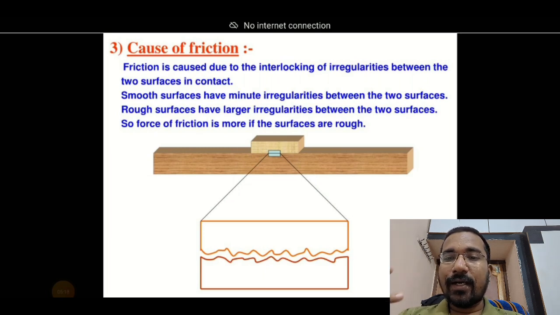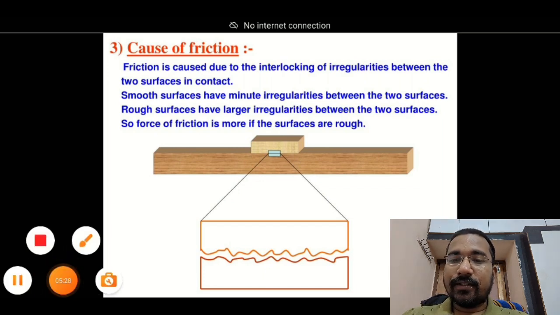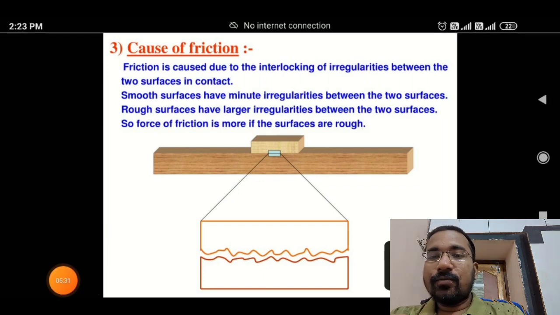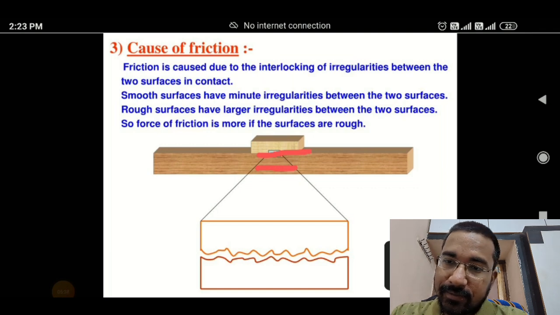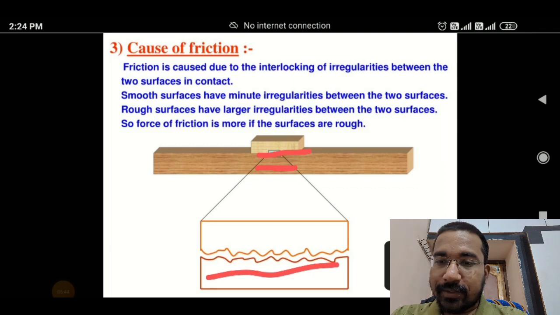Now, the causes of friction. Why friction? What is the cause behind friction? Friction is caused due to interlocking of irregularities between the surfaces in contact. Here, let's see the point of contact.